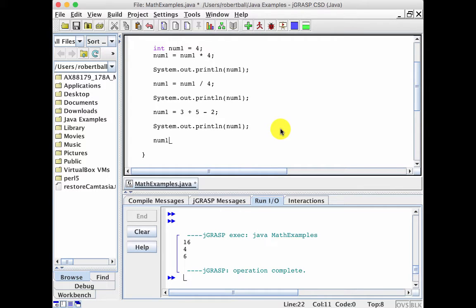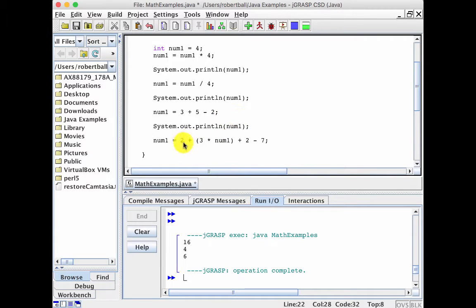So we're going to say num1 equals 3 times num1, which at this point is 6, and then plus 2 minus 7. In fact, we'll even do a 2 plus at this point. So if you know your order of operations, you know that 3 times num1 will happen first. In fact, I can put in parentheses to refresh your memory.